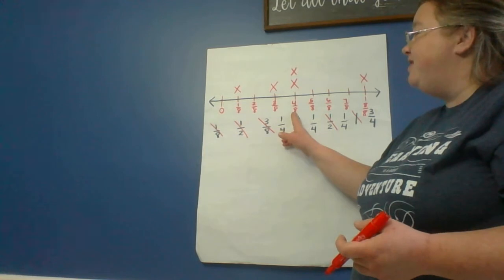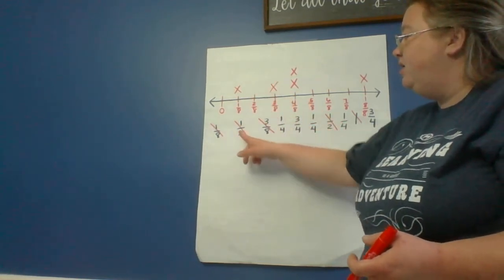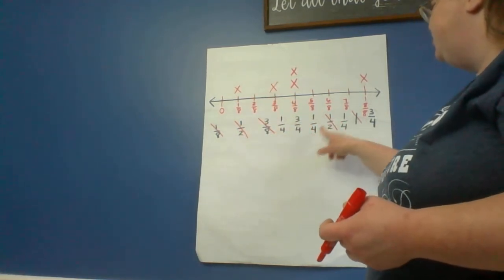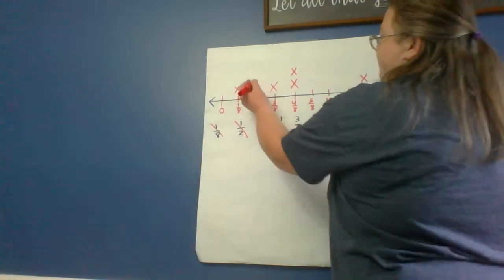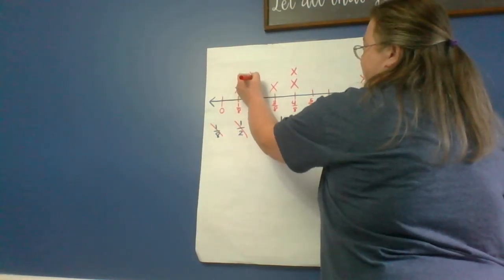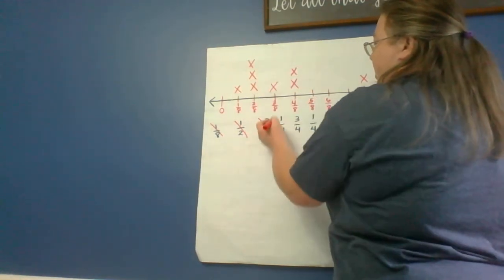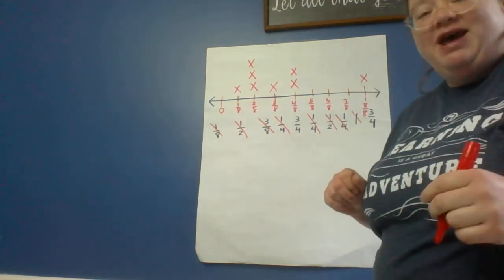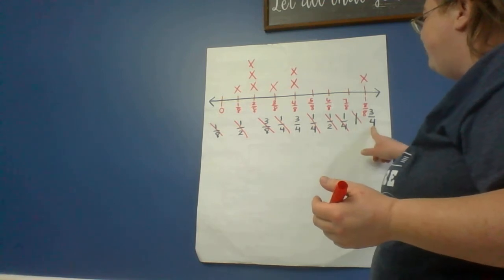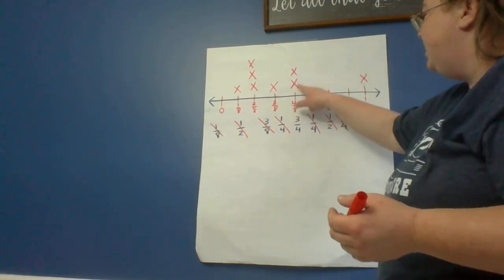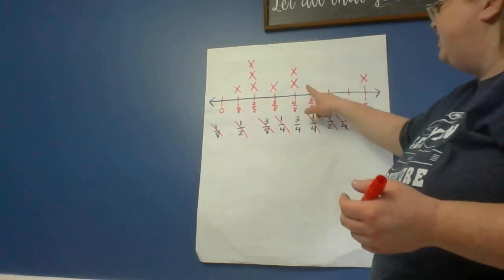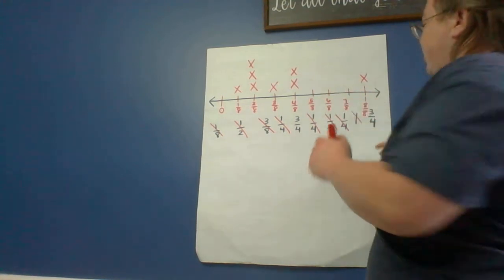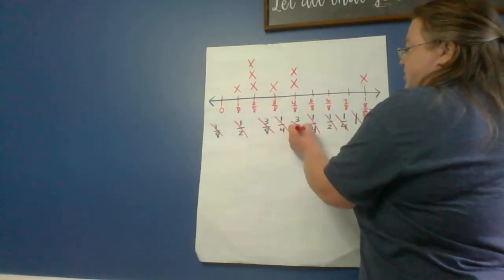So half of this would be here. So I have 1, 2, 3, 1/4, which is the same as 2/8. Okay, 1, 2, 3. And I have these two left, and I know that 3/4 is halfway between a half and the next whole, so it's going to go here. So I have 1, 2.